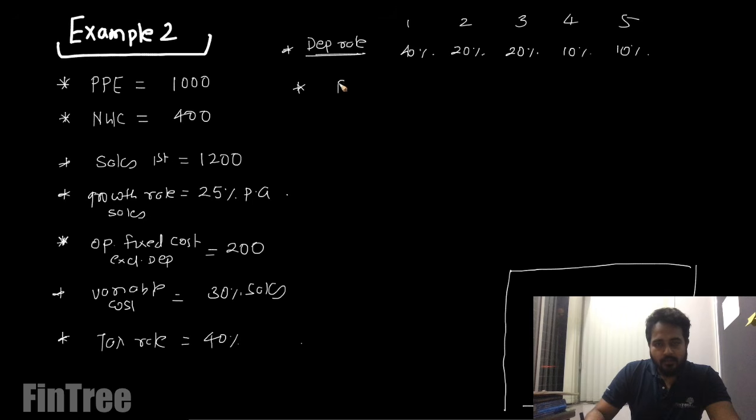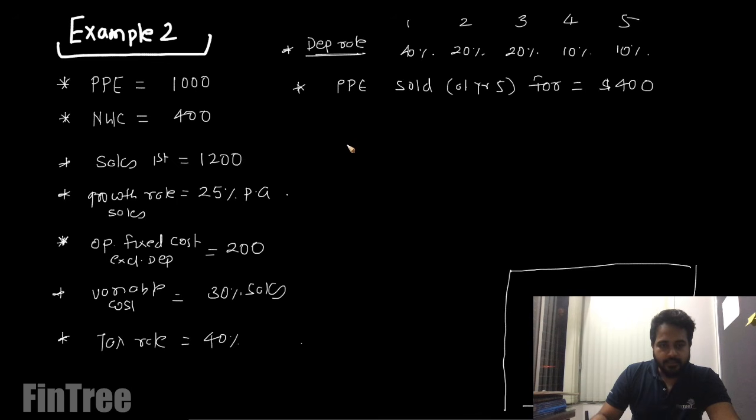Now, PPE is sold at year 5 for 400. And what else do we need here?